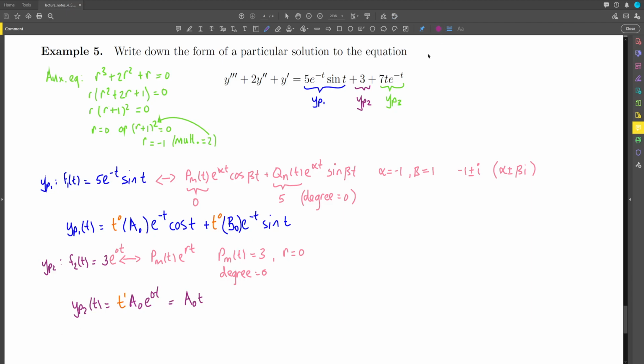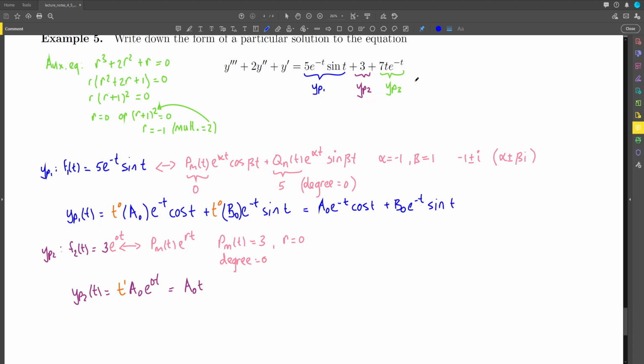And let's go ahead and go back and simplify this as much as possible. So this is a naught e to the power negative t cosine t plus b naught e to the power negative t sine of t.